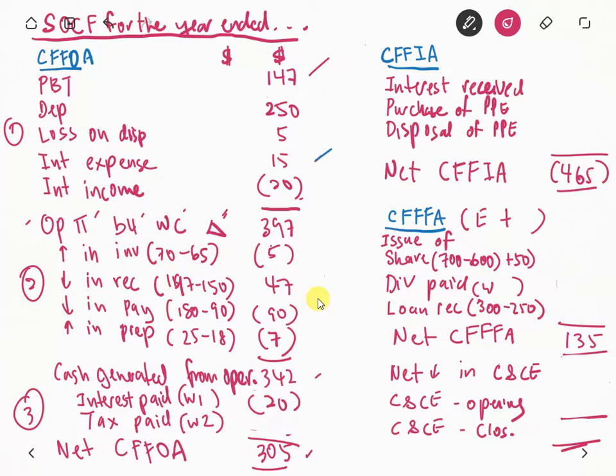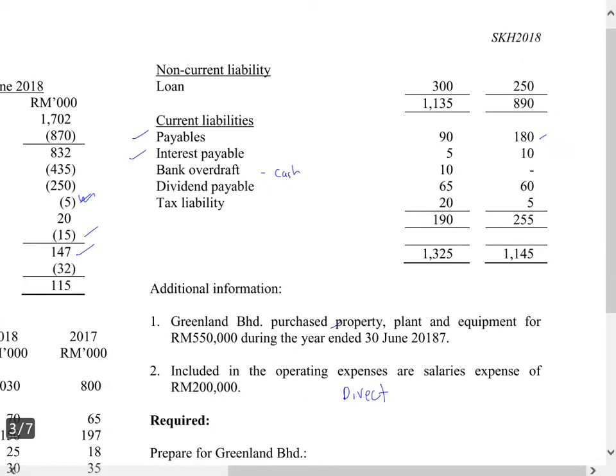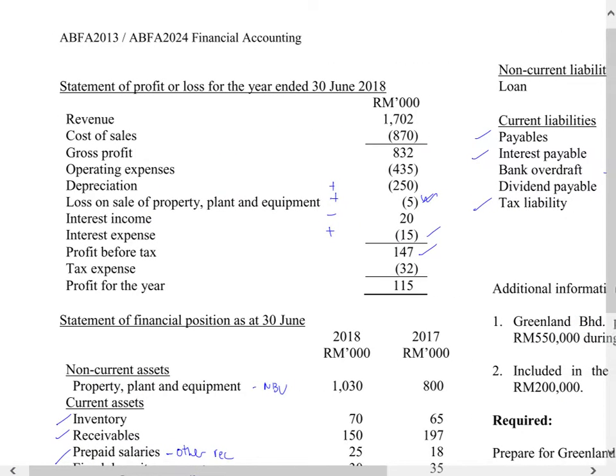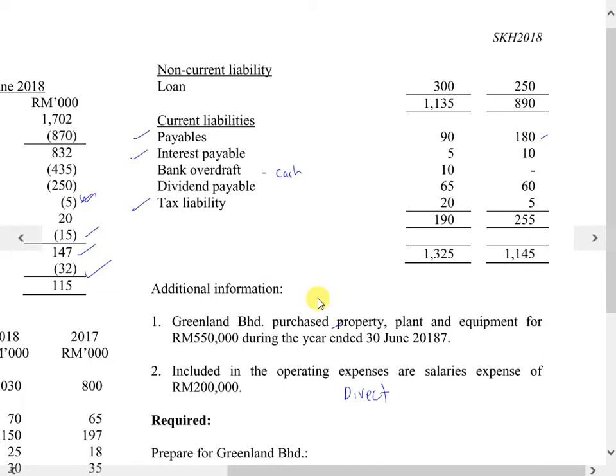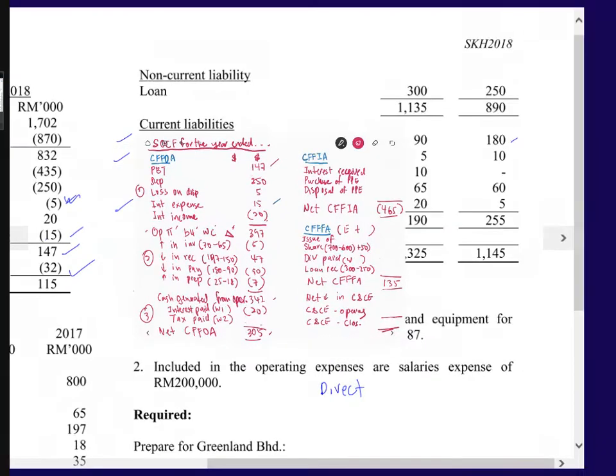Next one, tax paid. In most questions for tax paid, we refer to tax liability. So we have opening tax liability 5, closing tax liability 20, and our tax expense 32. Let's open a T account.